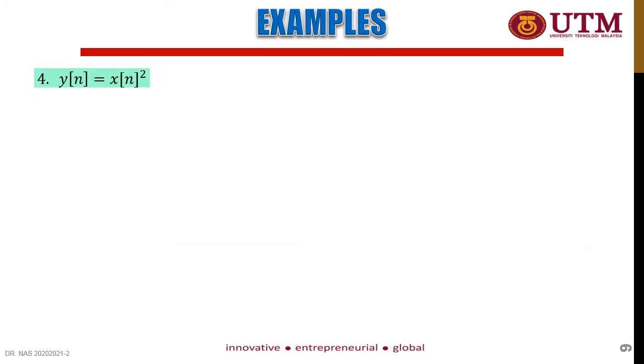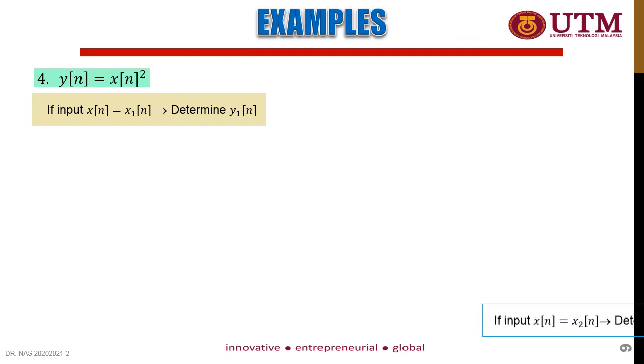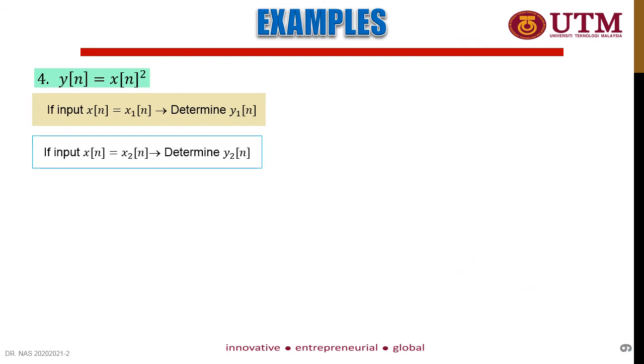Okay, another example, again in discrete time signal. The first step, y1[n], equals x1[n] squared. Please don't forget this is equal to x[n] squared.